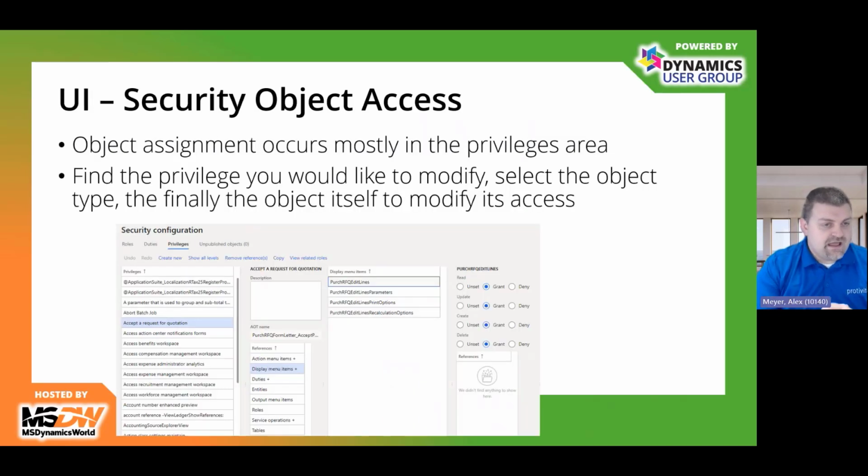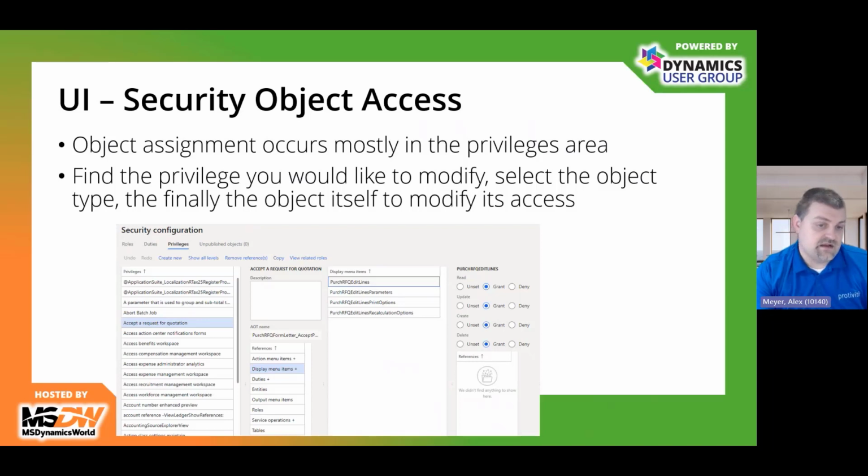So when we're looking at object access in the user interface, again, most of that object access is going to occur at the privilege level. And so what you would do then is find the privilege that you want to modify or look at. You would then go, again in that next flyout area, and find the different objects that are assigned. In this case, the accept request for quotation has menu item displays assigned to it.